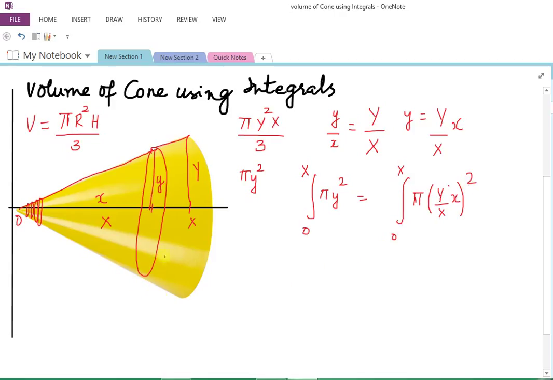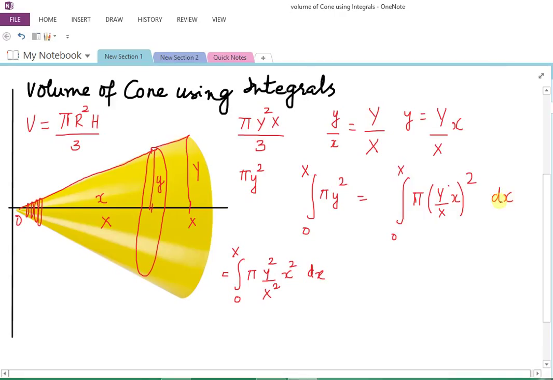And so that gives me, what does that give me? That gives me the integral from 0 to x of pi Y square by X square into small x square dx, right? By the way, there's got to be this dx all over, right?